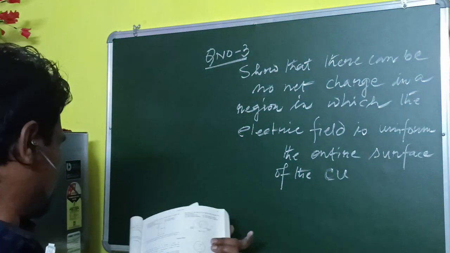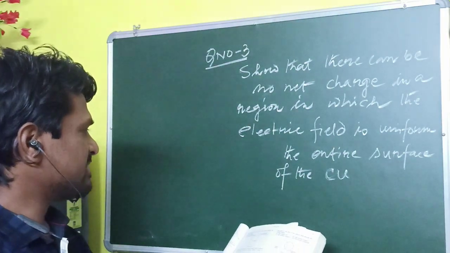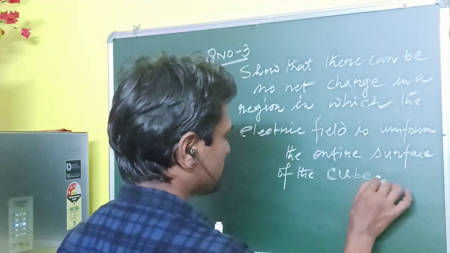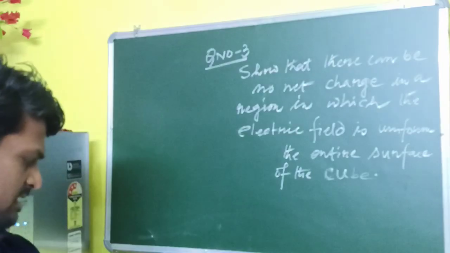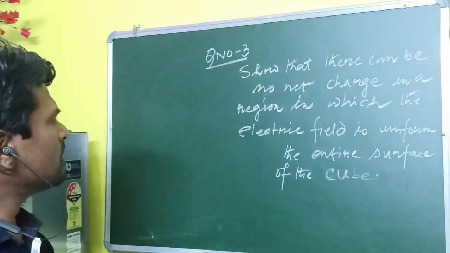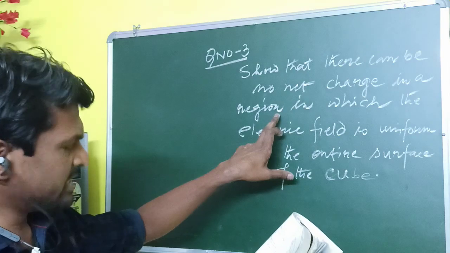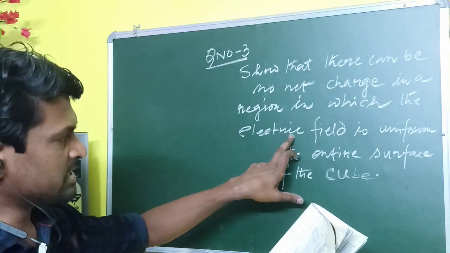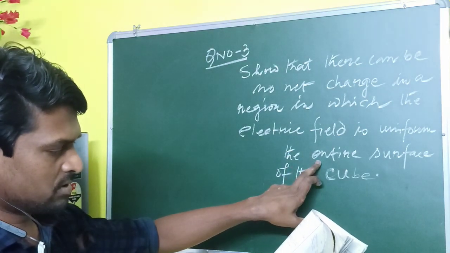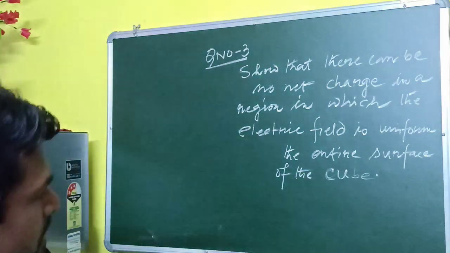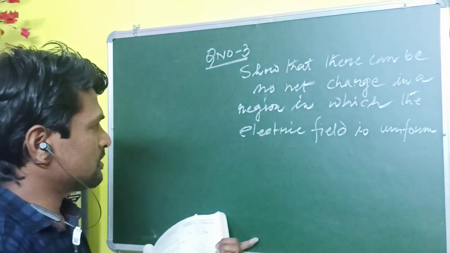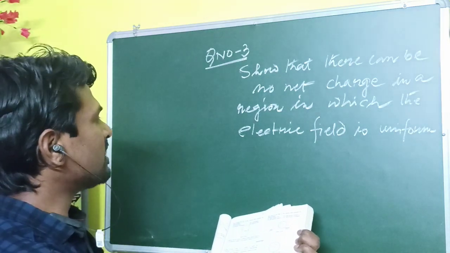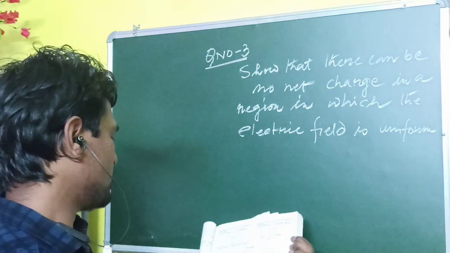So, show that there can be no net charge in a region in which the electric field is uniform at all points.